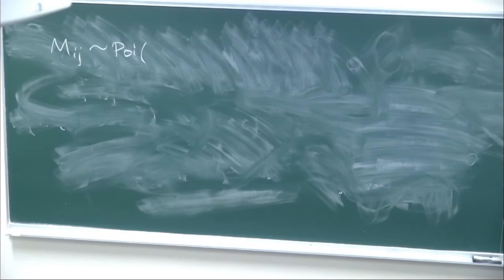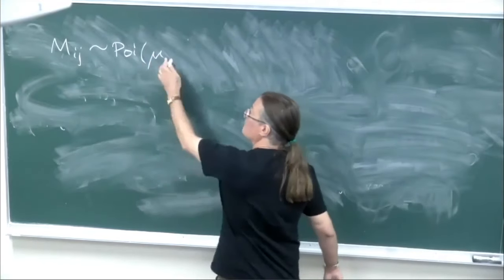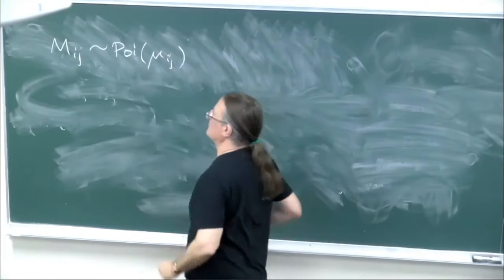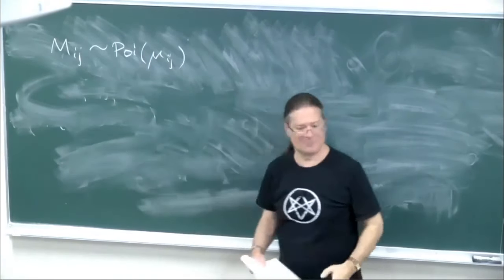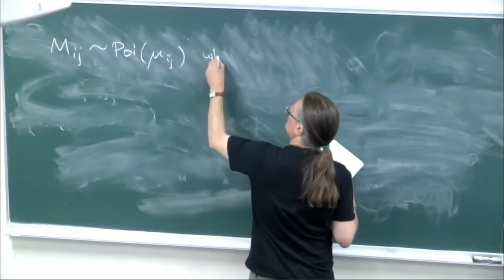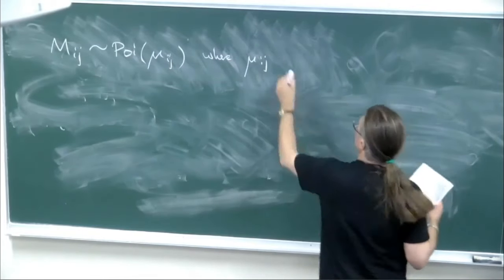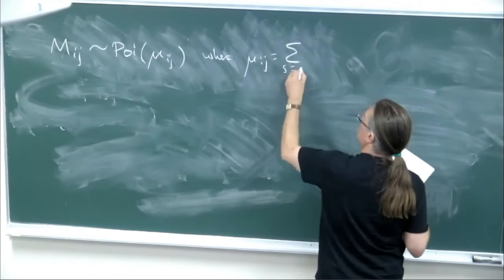And I don't want to write any more twiddles. I'm going to call this mu for mean to distinguish it from m for measured. Okay. And so, again, I'm going to assume that mu ij is this.